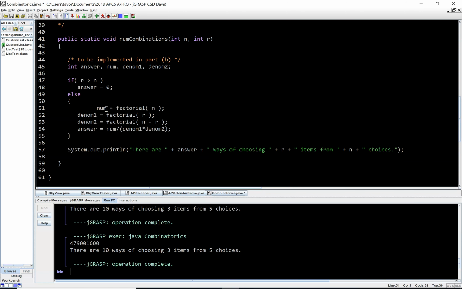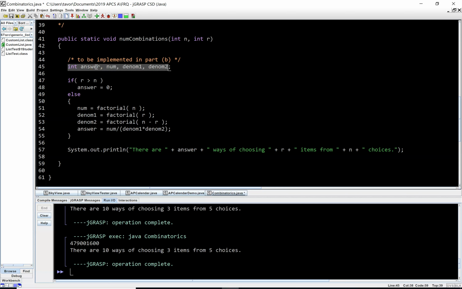Now, let me just very quickly here talk about what I did. So I declared, not initialized, but declared 4 variables: answer, num, denom1, denom2. These are all integers. So I'm saying these exist. I'm basically going into my little memory in the computer and I'm reserving some spots.